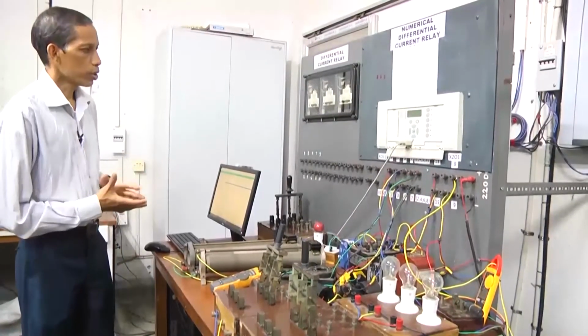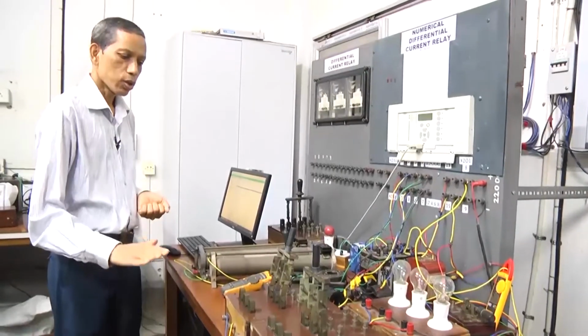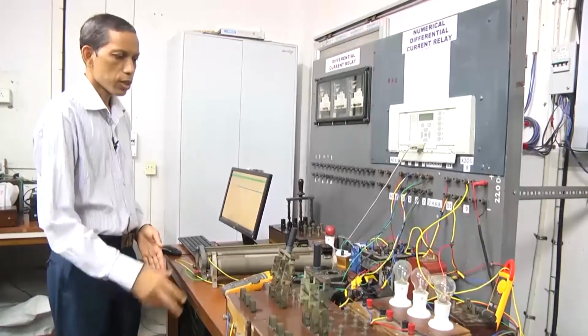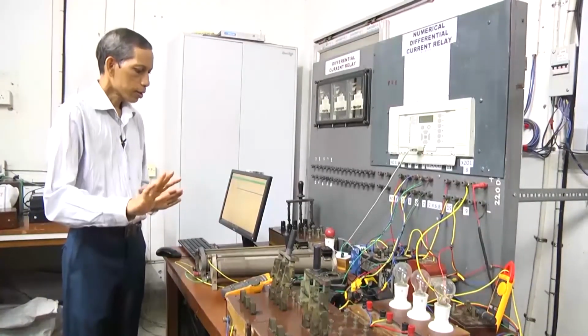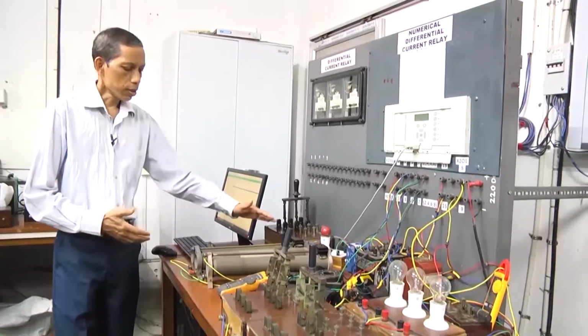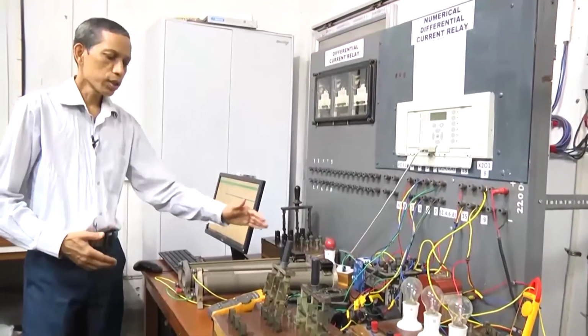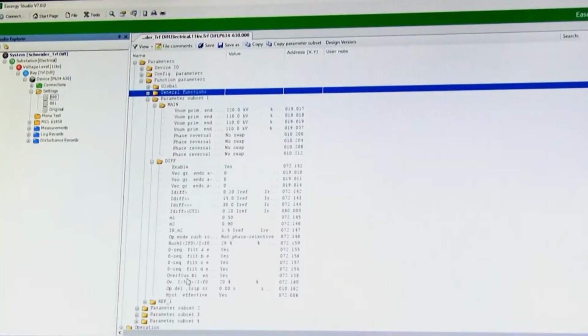So, during the demonstration we will go on changing the load by varying these load rheostats and the fixed bulb load. That gives us the load part, and by varying the fault resistance here we control the differential current path. We will see the settings carried out for a particular case in the relay.